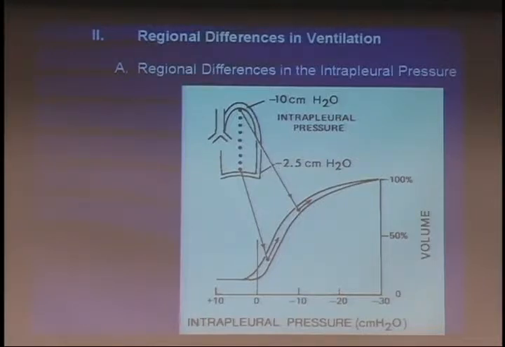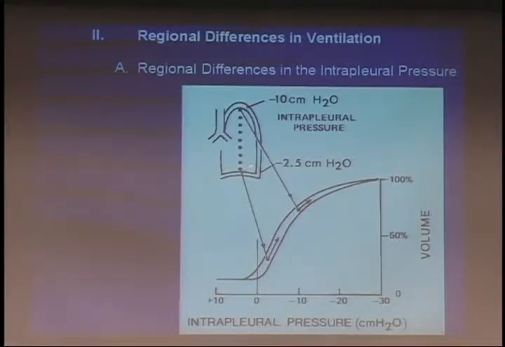So the conclusion we'd have to reach is that because the top and the bottom of the lung are operating on two different parts of the pressure volume curve, the ventilation at the bottom down here would be greater for the same change in intrapleural pressure than it would be up here at the top of the lung.